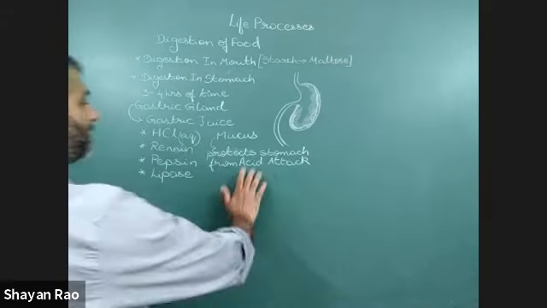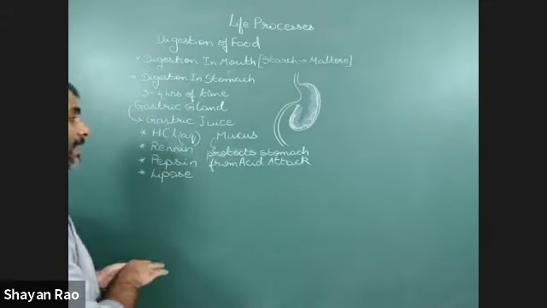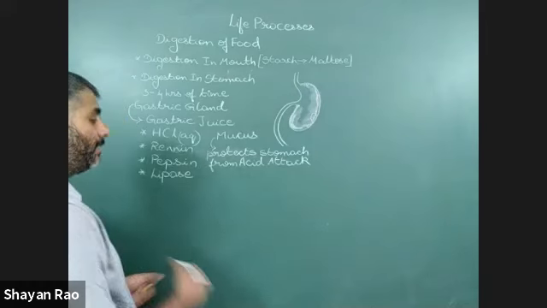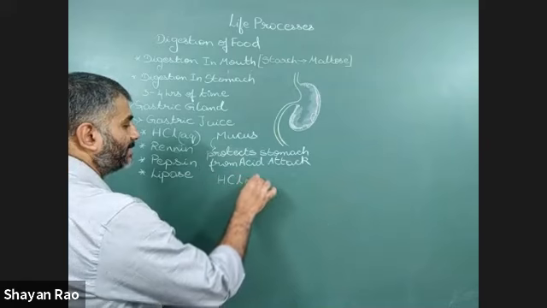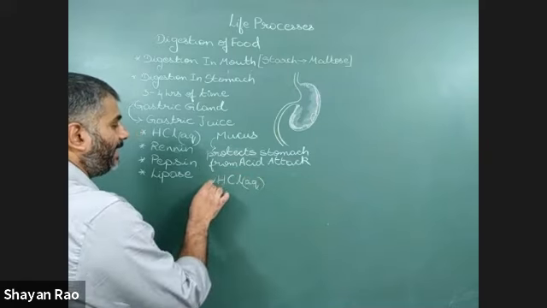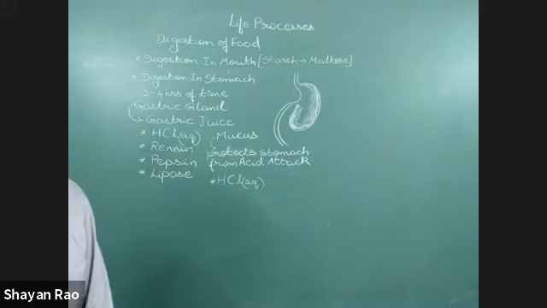So it protects the stomach from acidic attack. Now let us try to understand the function of HCl aqueous, which is nothing but hydrochloric acid. So the function of hydrochloric acid in the human body.